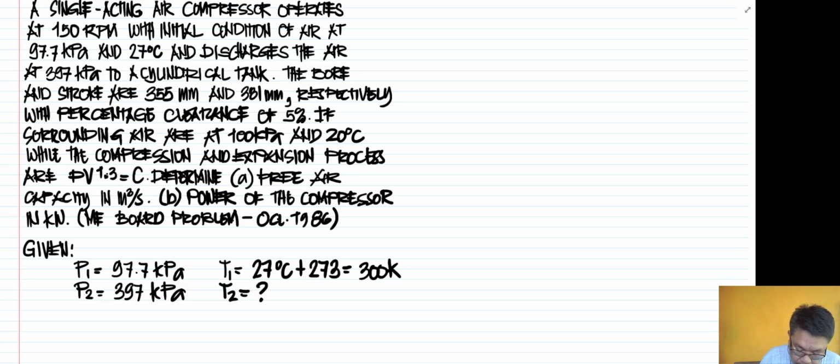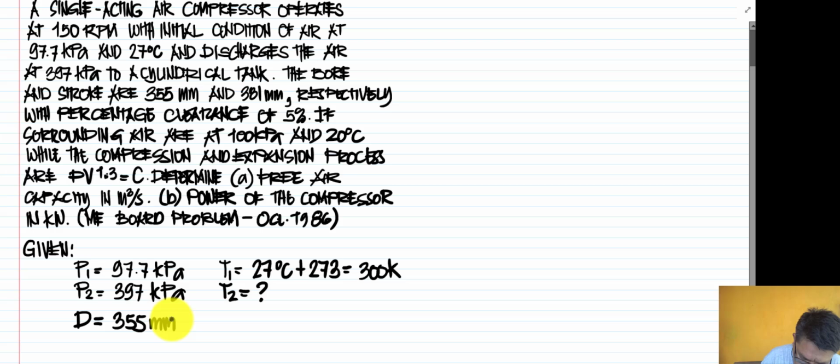Then we also have given here our bore and stroke of the piston of the compressor. For the bore, that will be the diameter, so that is 355 mm. Then we have your stroke, that will be the length of stroke.